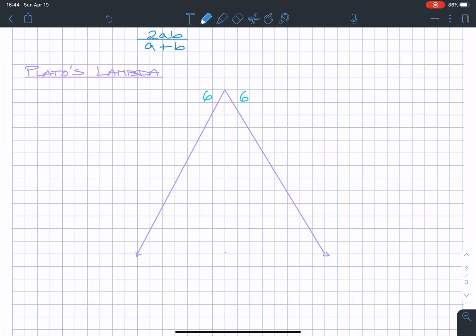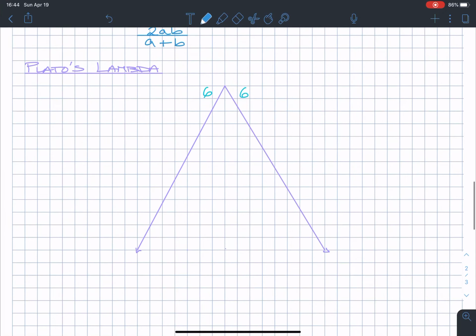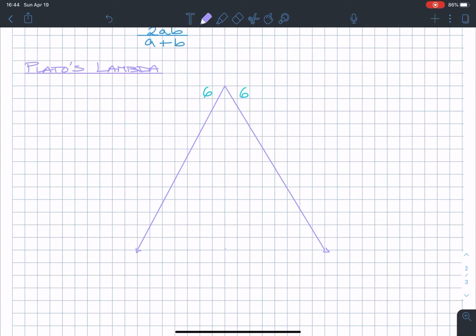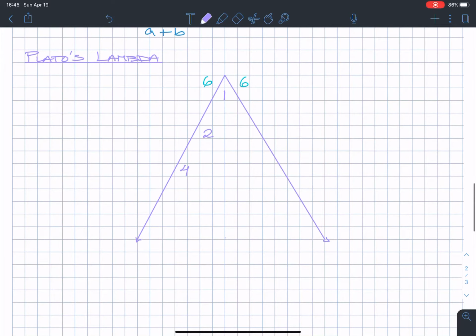Because I'm doubling. Before I do that, let me write the numbers on the inside of this. So we start with a 1 on top. And then let's do 2. Let's double it. What's 2 times 2? It's 4. Let's double that. 2 times 4 is 8, etc.